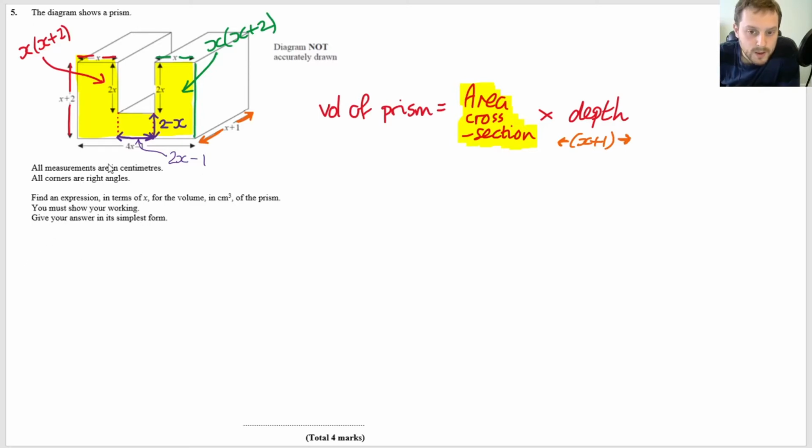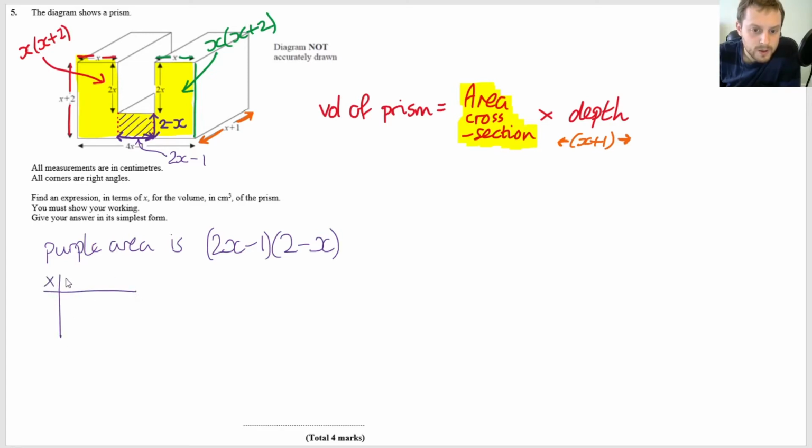So this area here, the purple area, is given by 2x minus 1 along the bottom multiplied by 2 minus x up the side, right? So let's just do a quick little grid method for that part. So 2x and minus 1 and 2 and minus x.